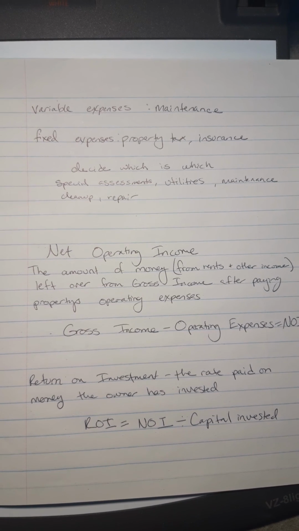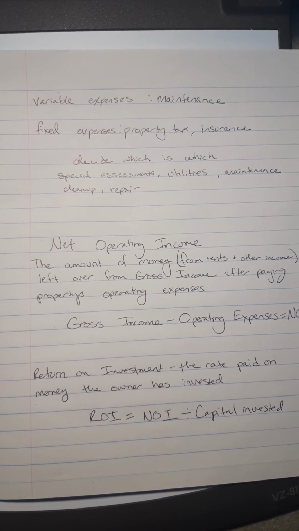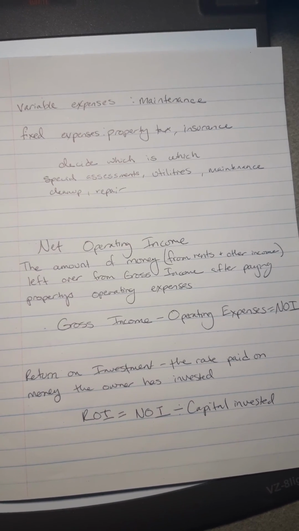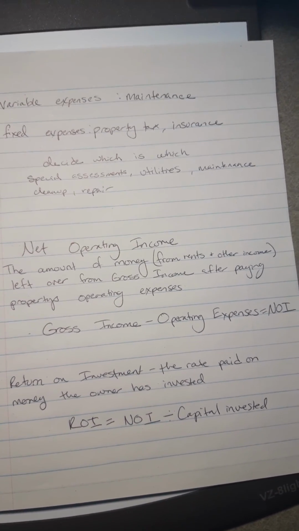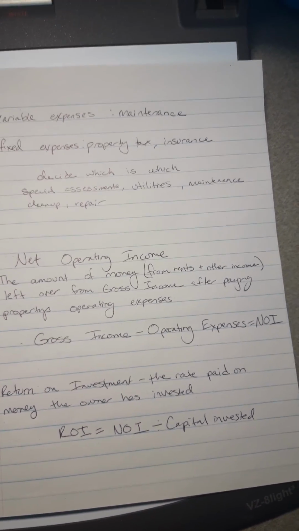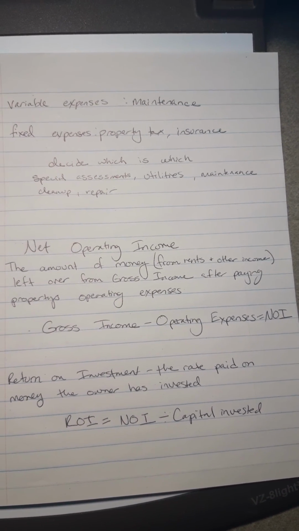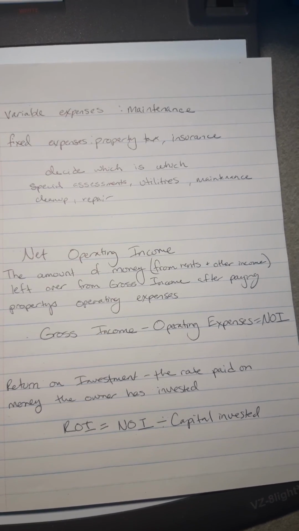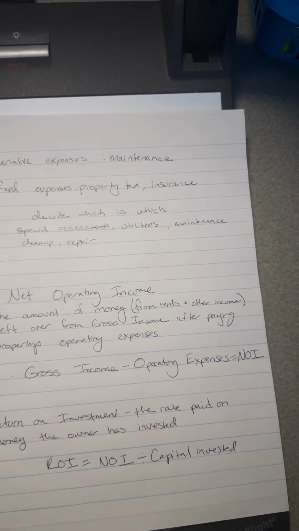It's difficult for property managers a lot of times in certain areas to determine which is variable and which is fixed. A lot of times you'll see both fixed and variable lumped together. That's basically when a property manager is having a hard time determining if they're fixed or variable.